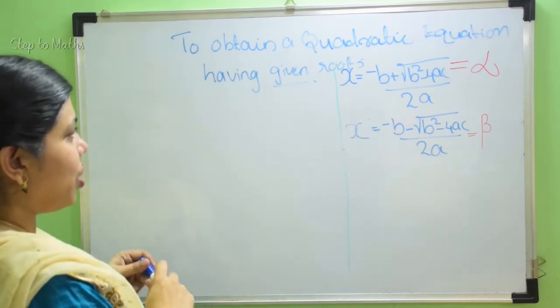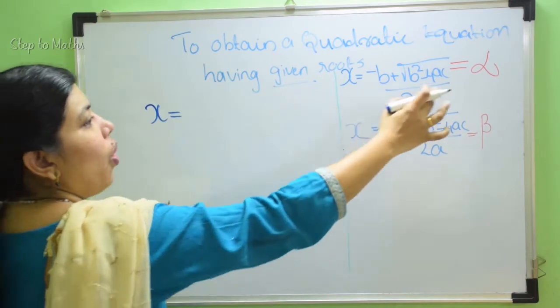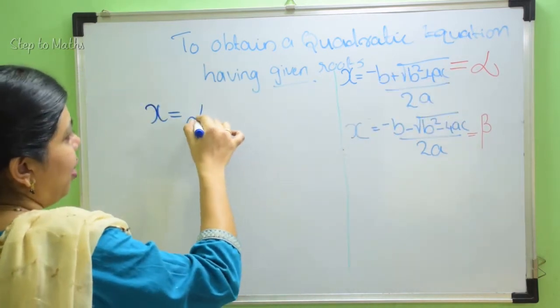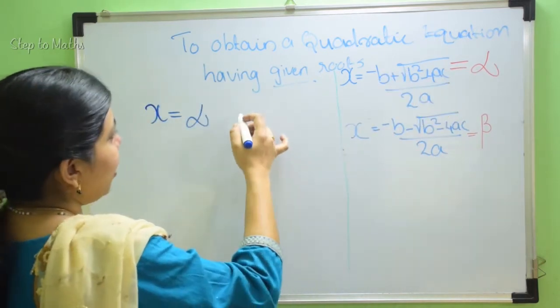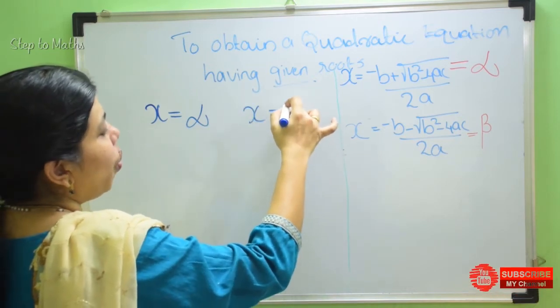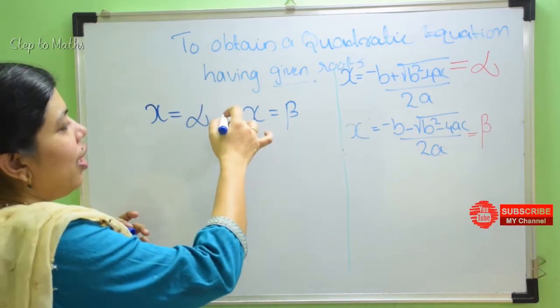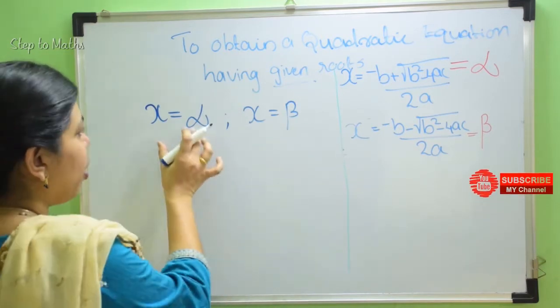Consider these two equations. From the first, write x is equal to alpha, and from the second equation x is equal to beta.